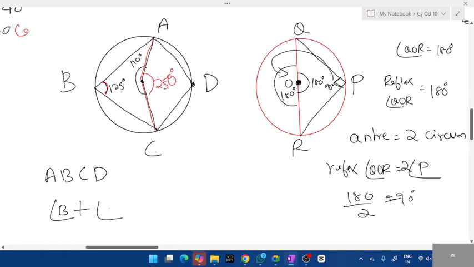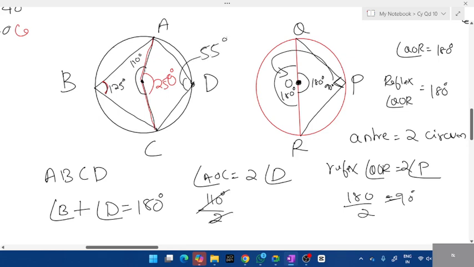Angle B plus angle D is equal to 180. Or there is another way. What's the other way? Angle AOC is equal to what? Twice angle D. How much is AOC? 110 divided by 2. What's the answer? 55 degrees.